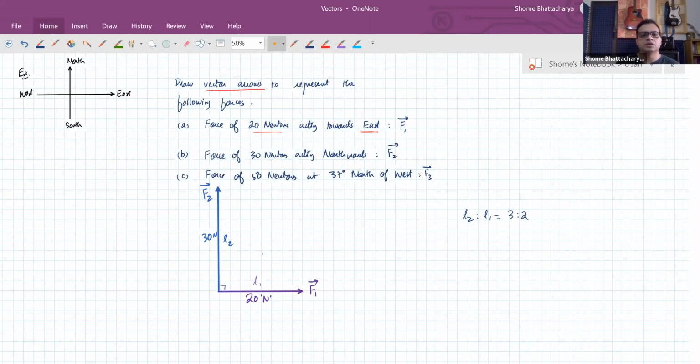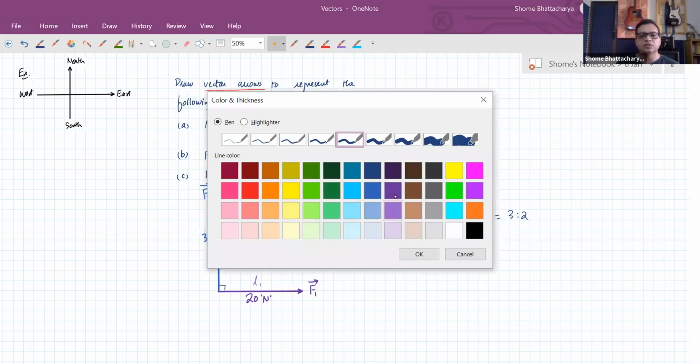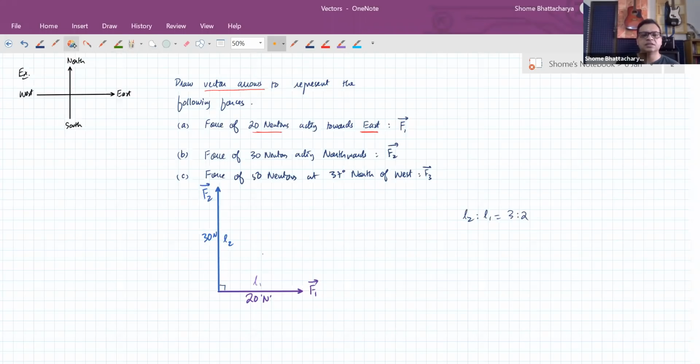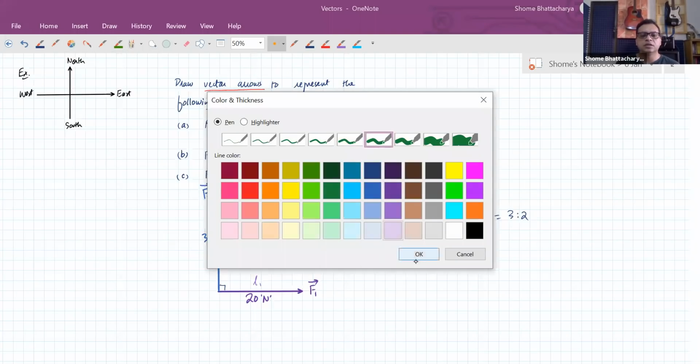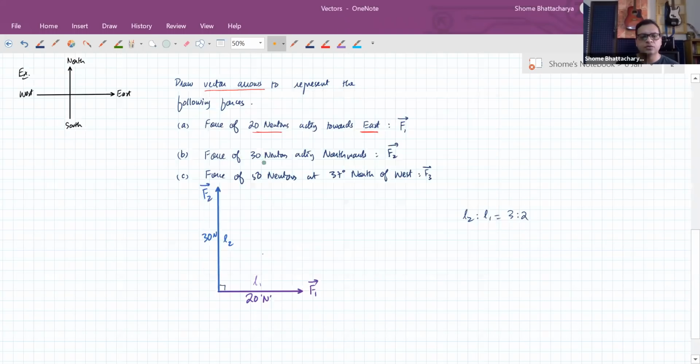Now when I draw the third vector, this is the one we have to be a little bit more technical about, because the direction is in terms of an angle. The angle given to us for the third one is 37 degrees north of west. So what does this mean? From the west we have to point towards north.